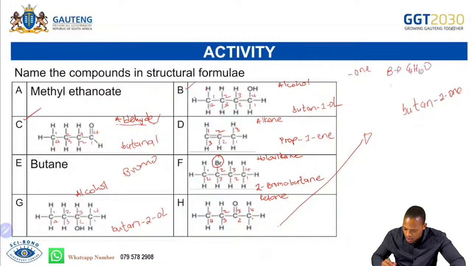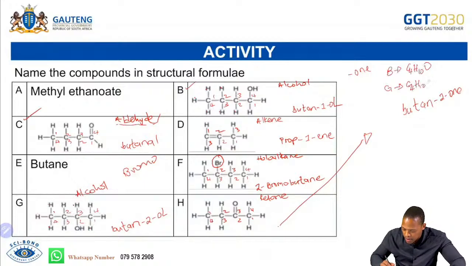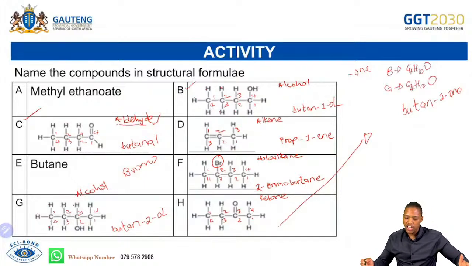H10 with an oxygen. And then let's do G. C4 again, and H, how many? 1 to 10. H10 with an oxygen.